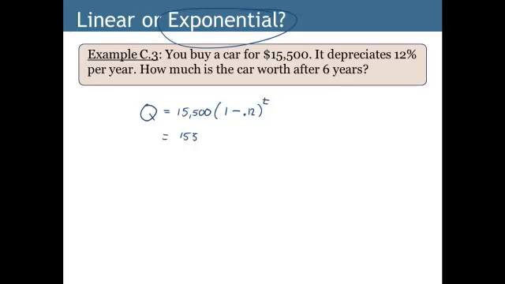So 15,500 times 0.88 to the 6th power, because this is after 6 years. And you get $7,198.26 if we round to the nearest cent. So after 6 years, my car is only worth that much.